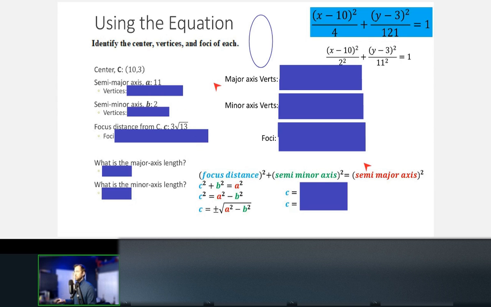What did all of you get for your vertices for the major axis? 10, 14, and 10, negative 8. Let me double check. Yes, I agree with those.